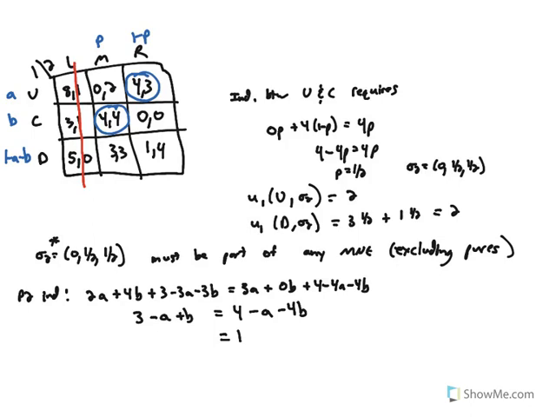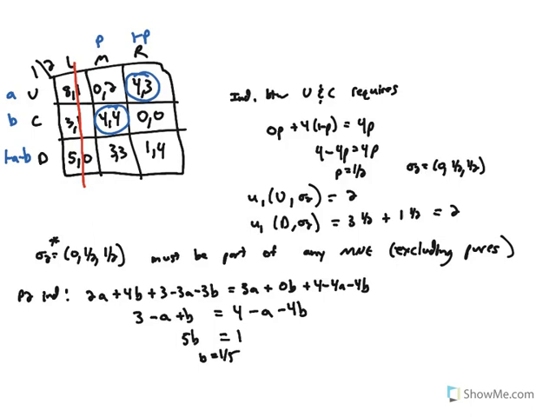Okay, minus A on both sides, it falls out. Oops, sorry, it's a 5B, right? So I've got to add 4B to both sides, so 5B. So B is equal to 1/5.